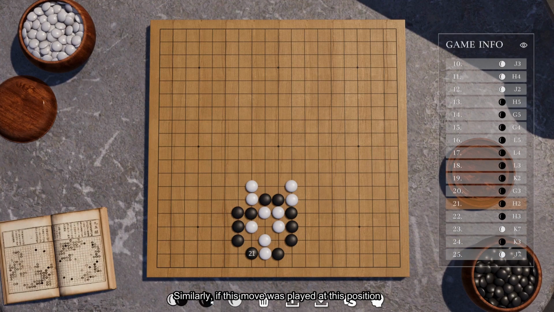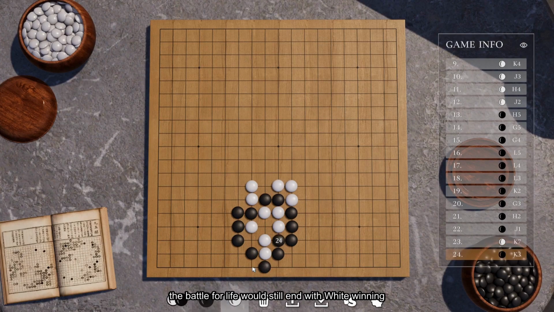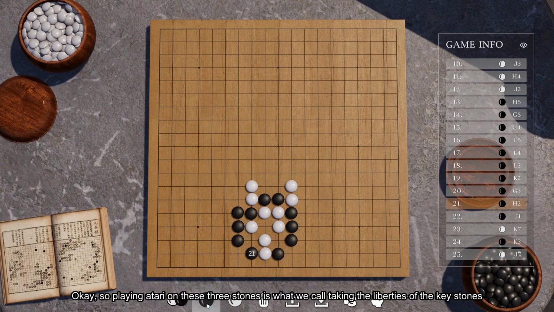Similarly, if this move was played at this position, the battle for life would still end with white winning. Okay, so playing Atari on these 3 stones is what we call taking the liberties of the keystones.